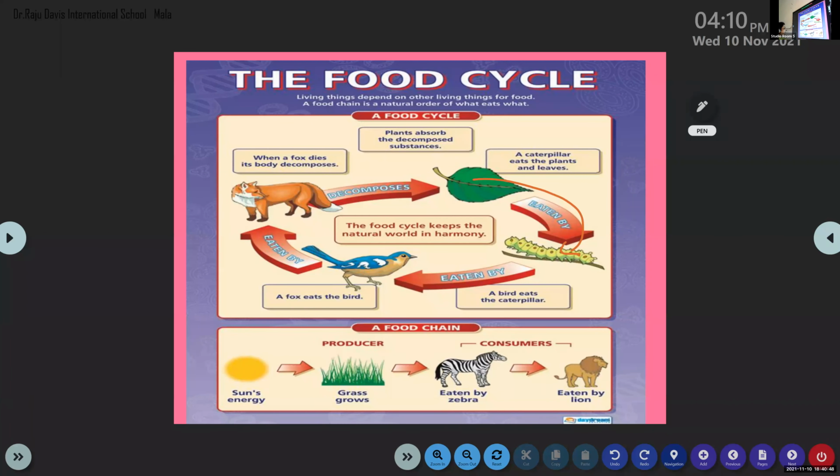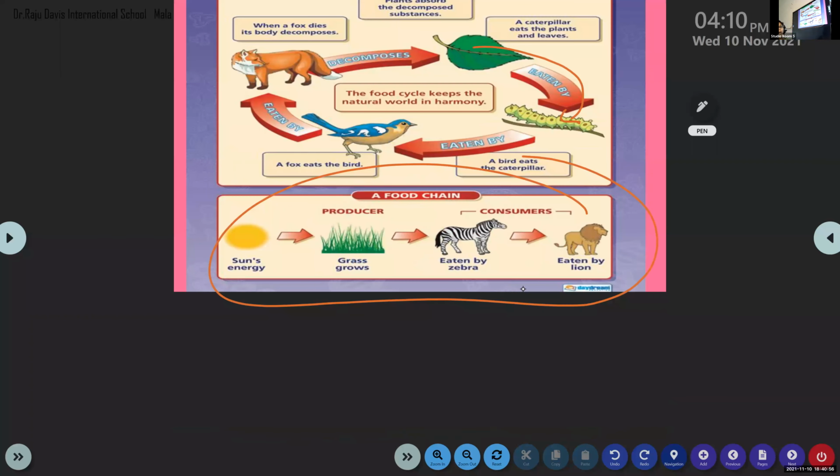Another chain over here: due to the sun's energy, grass grows. Grass is eaten by zebra, zebra is eaten by lion, and the lion after death decomposes. With the sun's energy, by taking the decomposed nutrients of the lion, the plants will grow again, and the zebra will eat them. So that is the continuation.